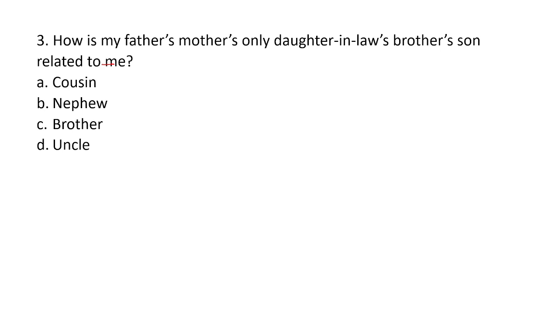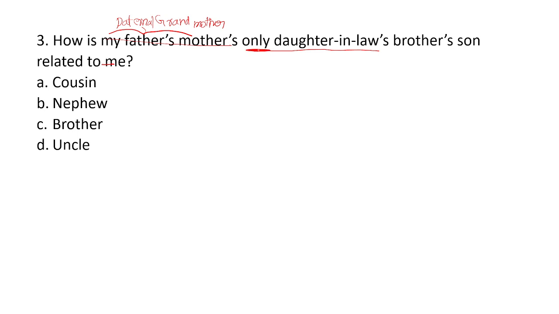So here it is given, my father's mother. My father's mother will be my grandmother, no? You can clearly say it is the paternal grandmother. My paternal grandmother has only one daughter-in-law. Daughter-in-law means son's wife, so only son's wife.